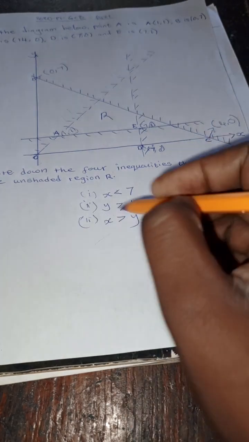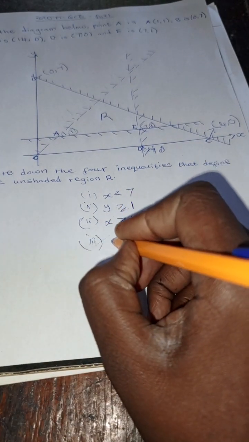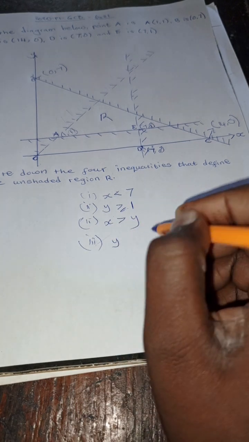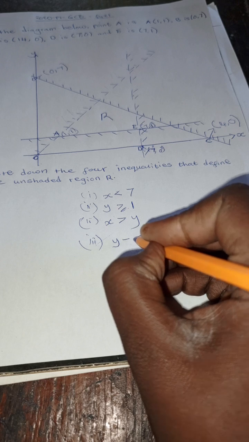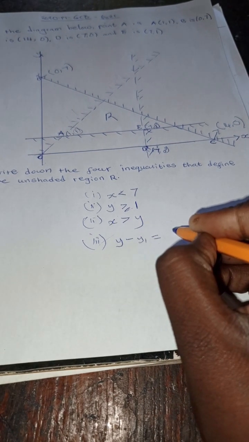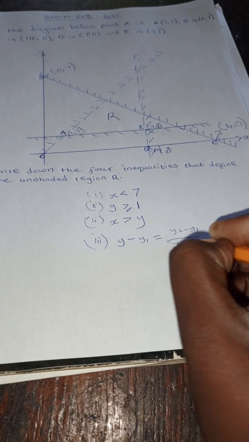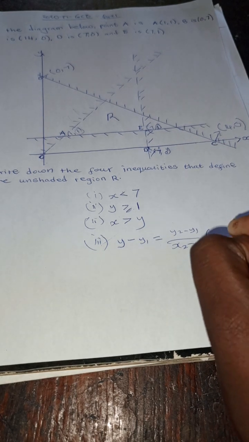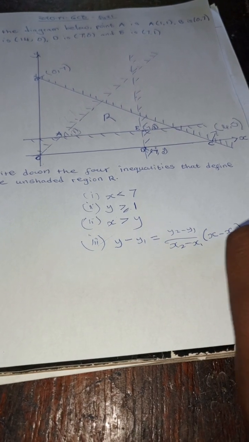So in this one, you use the formula y minus y1 equals (y2 minus y1) over (x2 minus x1), times (x minus x1).